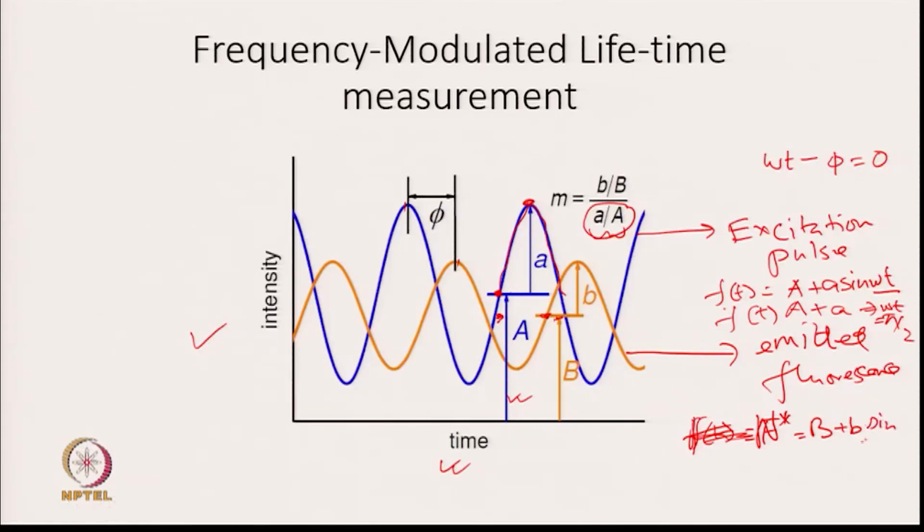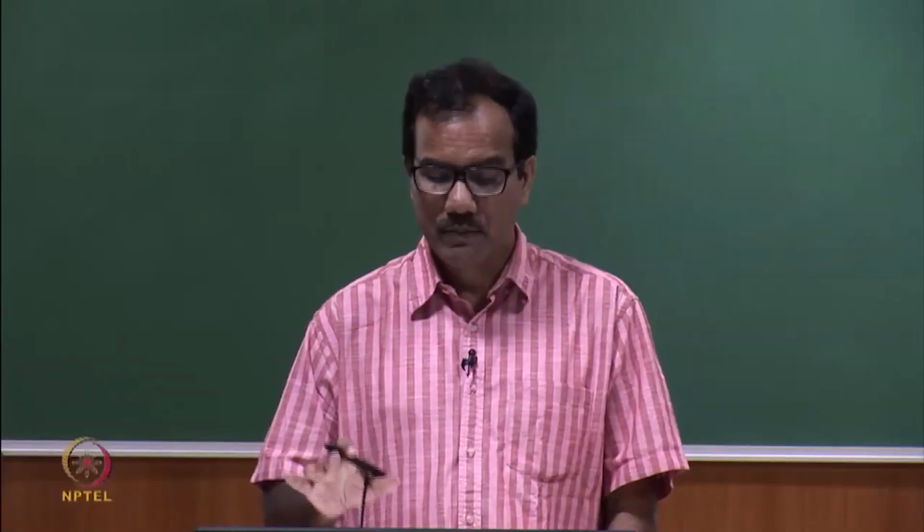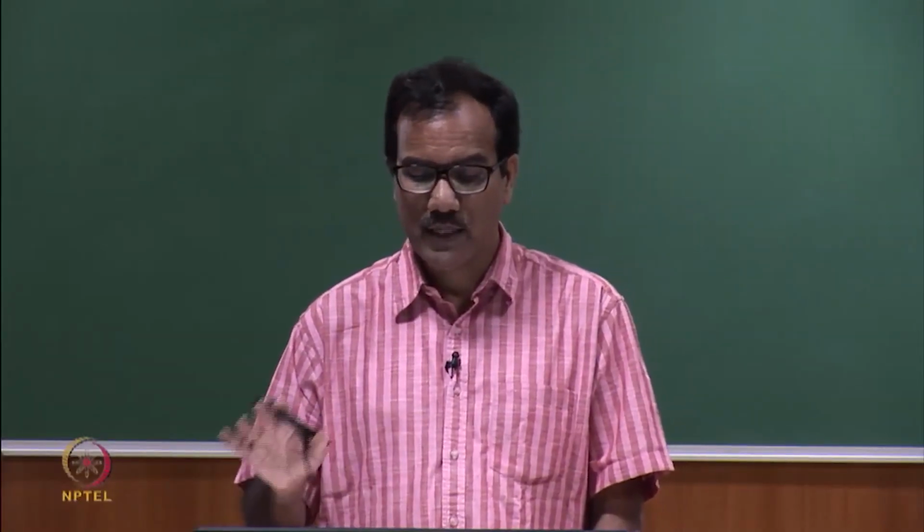If the sine is 0, then this is equal to B, and if it is 1, then the whole thing will be capital B plus small b. So, this will tell you about the principle behind frequency modulated lifetime measurement.